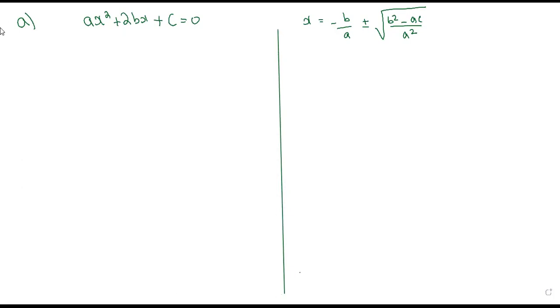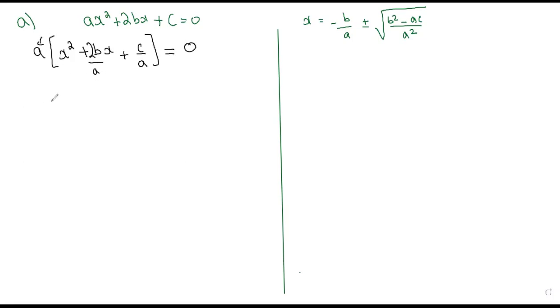I can take a out. So when I take a common, it would be x squared plus 2bx over a plus c over a equals 0. This is what I am going to get. Now, I'll just get rid of this a.